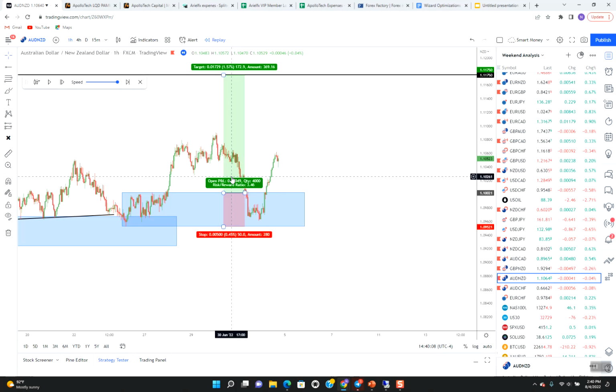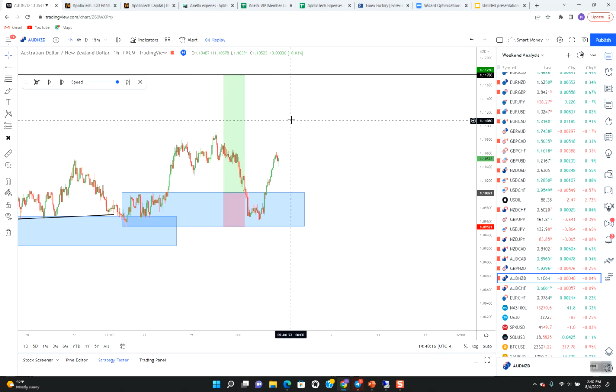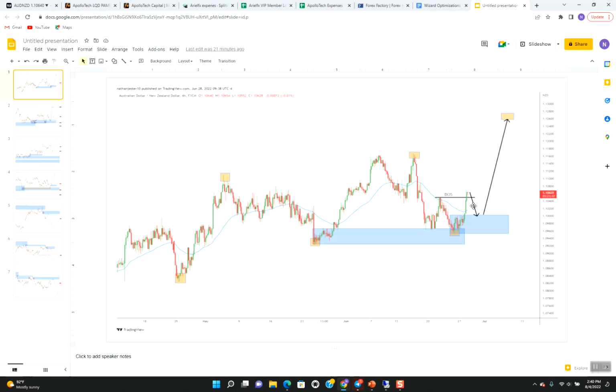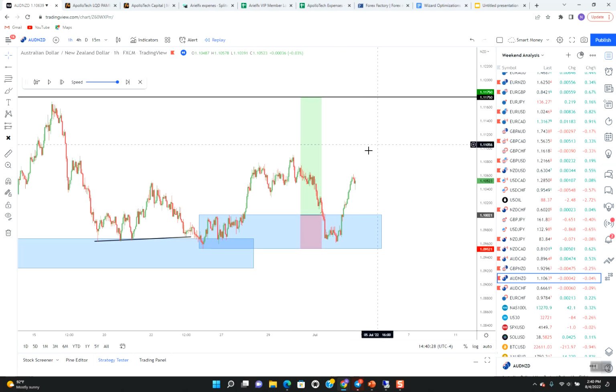So 3.45, I'll write that down so we can save that for later. And this is the actual trade that was taken within our VIP community. As we can see here, that was the pre-analysis to it. And we can see that we are looking to push to the upside, creating that higher high, taking that liquidity, coming into that 1.1175 level.